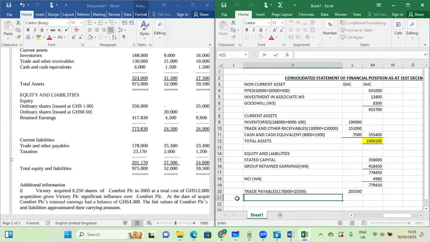Right. And then we also have another item here called what? Taxation. So we add it.